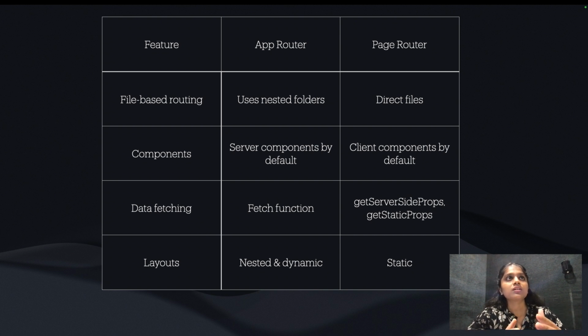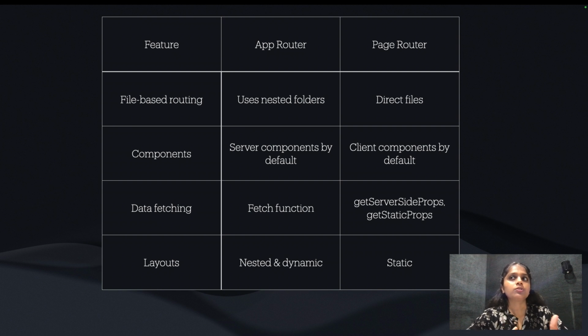We have file-based routing in Next.js. The app router has nested folders and dynamic and nested routes, so for complex projects we can prefer the app router. But for straightforward, small projects, we can use the page router.